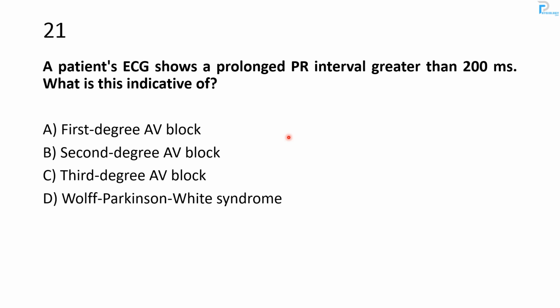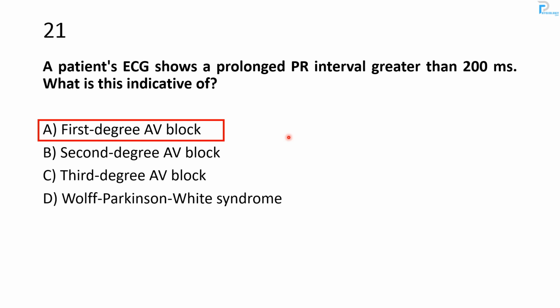In second degree heart block, we will have missing beats, like 2 P waves to 1 QRS. That means for each 2 impulses, only one of them reaches the ventricle, or for each 3, only 1 reaches the ventricle. That will be second degree heart block. Third degree heart block means a complete block between atrium and ventricle, so the atrium works on its own and the ventricle works on its own.